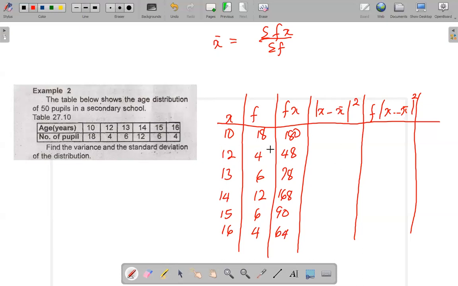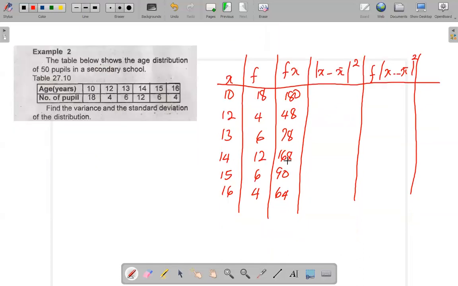With this, you can get the arithmetic mean, which is summation FX over summation F. So by the way, let's get summation FX. To add up all of this together, we have 628. And if we add up the frequencies, we have 50.